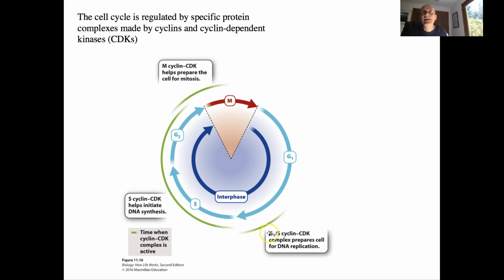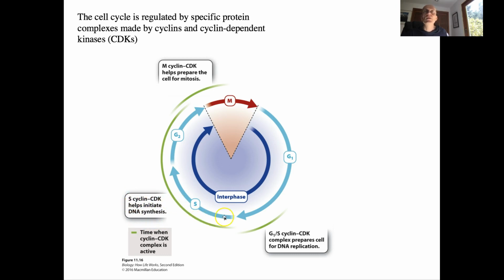There's the G1/S cyclin, so that's the movement from the G1 phase into the S phase. The G1/S cyclin-dependent kinase complex prepares for DNA replication, which of course happens in S phase. Then the S cyclin-CDK helps initiate DNA synthesis.